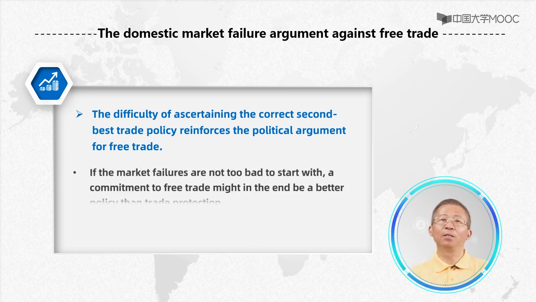If the market failures are not too bad to start with, a commitment to free trade might in the end be better policy than trade protection.